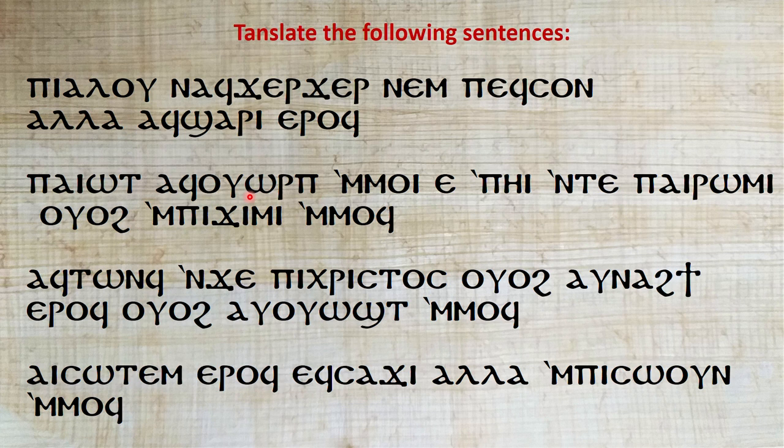Payot afworp emmoy e pyromi wo mp jimmy emov. Let's translate. Payot, my father. Pa means my, and yot, father. Afworp, sent me. Af, he in the past tense. Worp, to send. Afworp, sent. Emmoy, you see, he sent me.